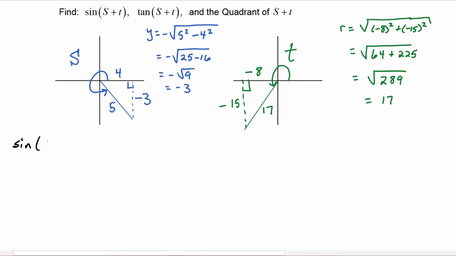Sine of S plus T is going to equal the sine of S times the cosine of T plus the cosine of S times the sine of T. One of the suggestions I will make to you, when you're making your letter T's, make sure that you make them look different than your plus signs.